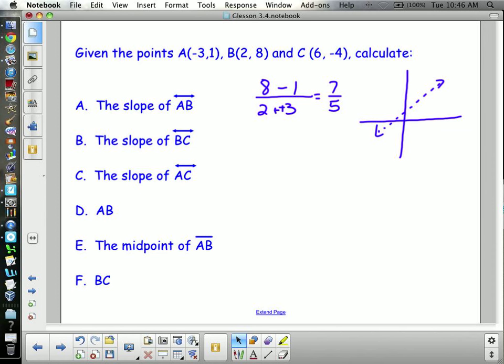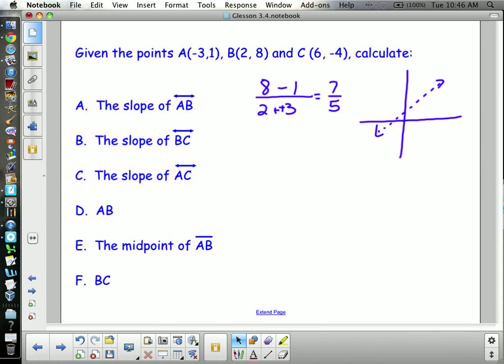2 minus negative 3. Give me 2 plus positive 3. Right? Minus a negative is plus a positive? Did you do like the higher numbers? No, I just did B. I did 8 first, so I did the 1. You didn't have to do the 8 first.